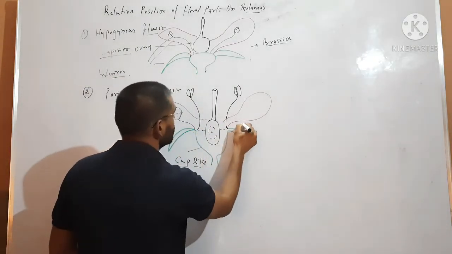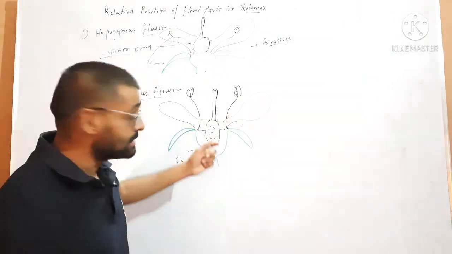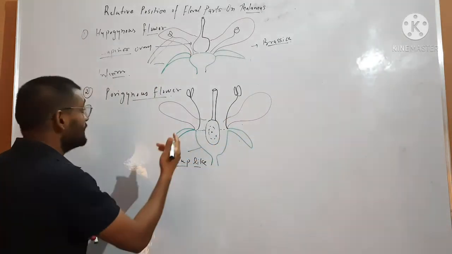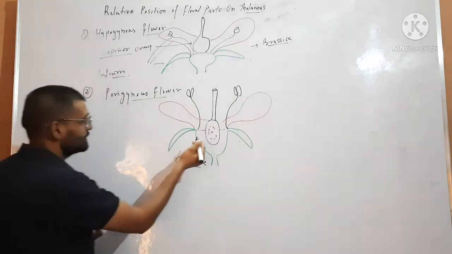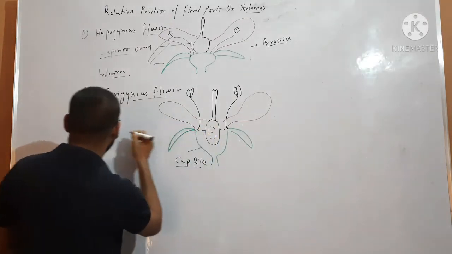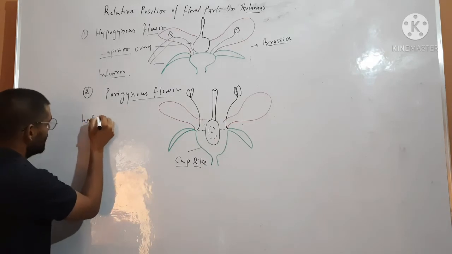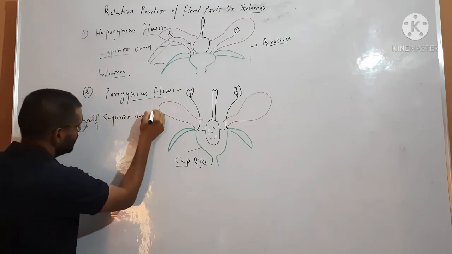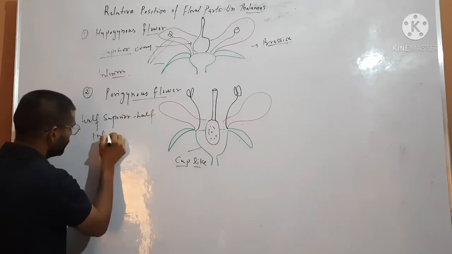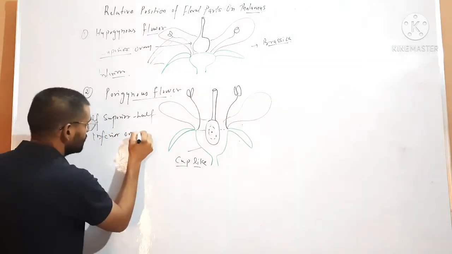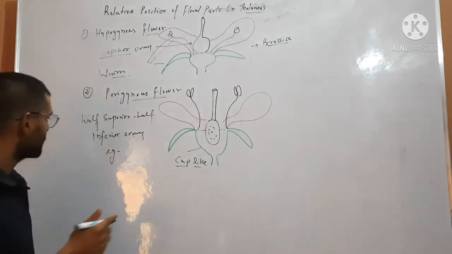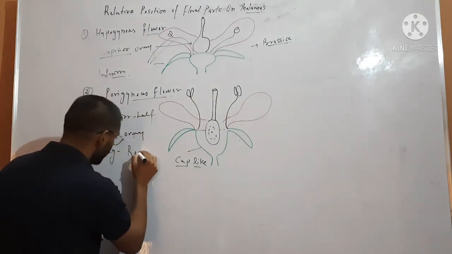So here calyx, corolla and androecium are all inserted in the midway of the ovary. So this condition is called, here you can see that the ovary is half superior and half inferior. So this condition is called half superior, half inferior ovary. An example of this is rosa.